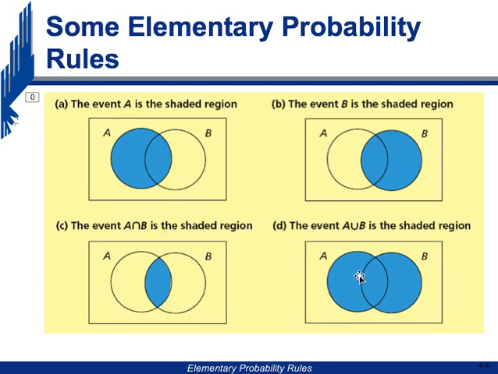But if events can intersect, if we add P of A to P of B, we can see that a certain area is counted twice.